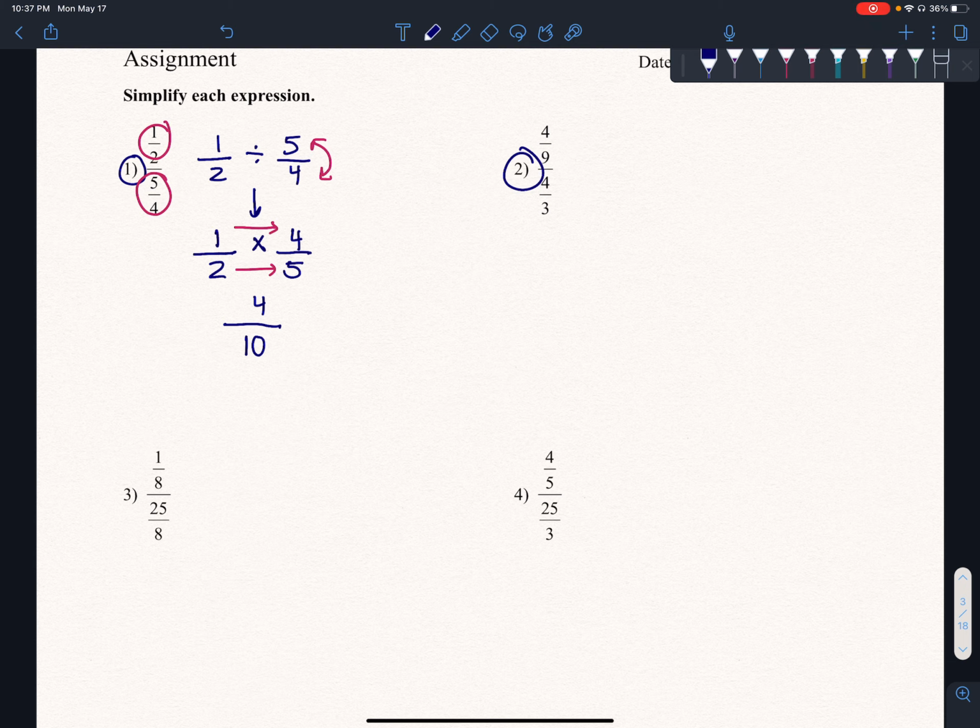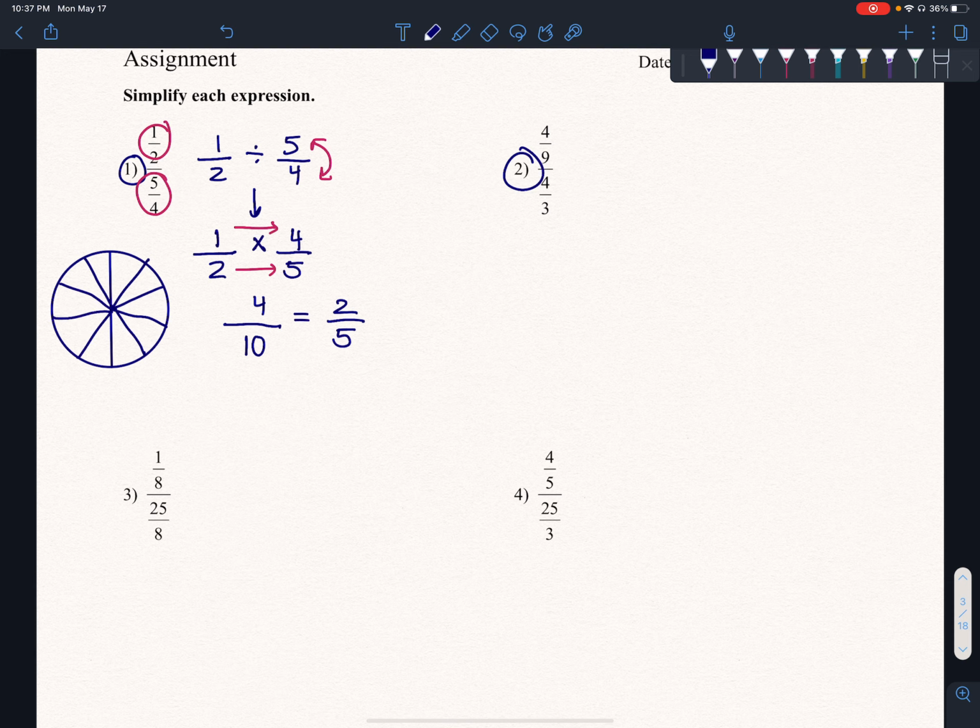And then this can be simplified. If you have 4 out of 10, that is the exact same thing as having 2 out of 5. And you can see that in a little pizza slice. So over here, if I cut this up into, I'm going to try my best here to get 5 equal slices. It's not great, but it'll do.